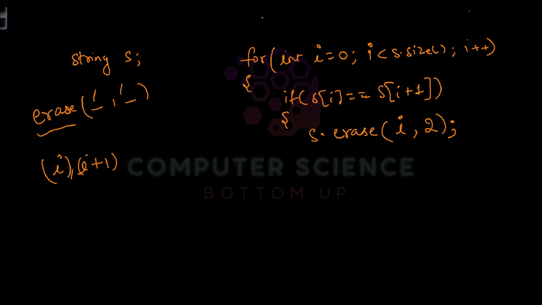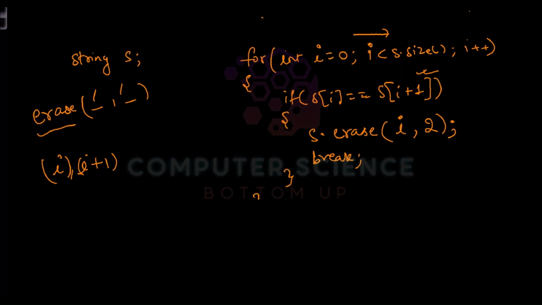Now, I do not have to perform this only once. I have to continue doing this until my string cannot be reduced further. Once I get a match, I will erase those two characters and get a resultant string. I will not continue going through this for loop, so I will break.